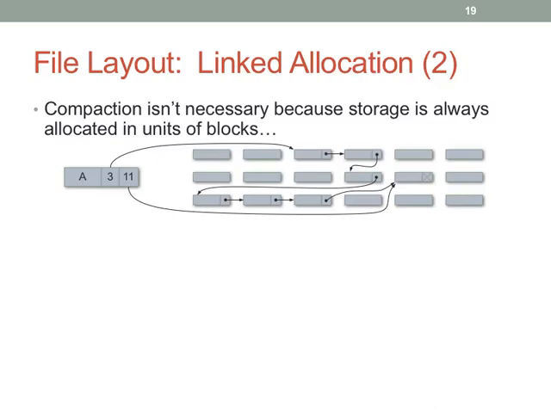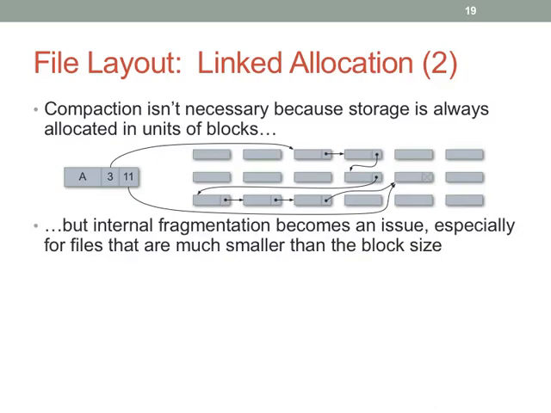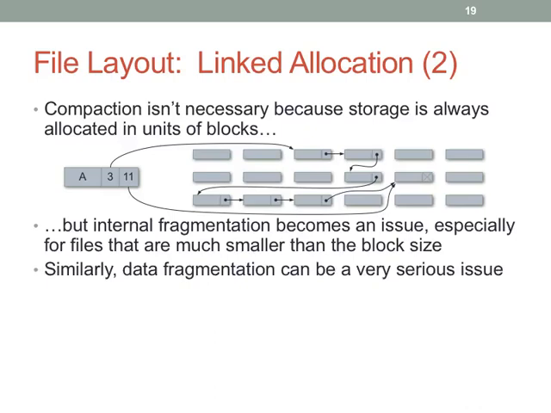If you dictate the size of the block and then just say, well, I'm going to allocate multiple blocks, then external fragmentation vanishes, but now you have internal fragmentation, and in this case, data fragmentation issues. Because if you have a block size of, let's say, 4 kilobytes and you have a 23-byte file, then you're throwing away a bunch of space you could use for something else. Data fragmentation, same thing.